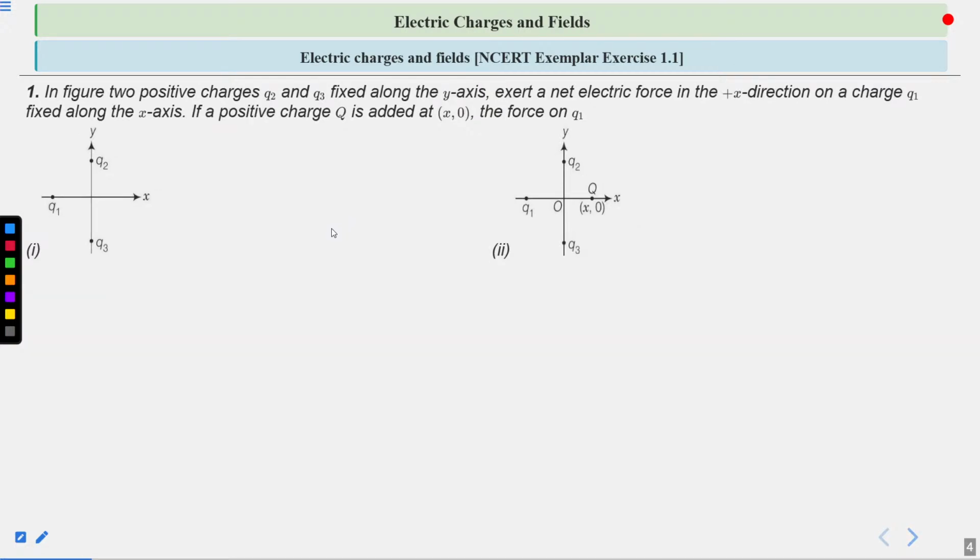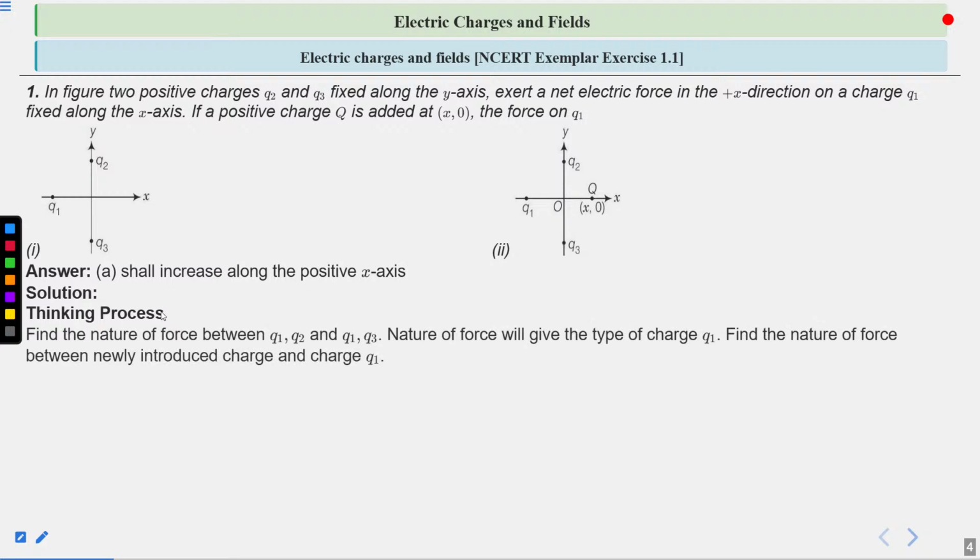So our correct answer is A, shall increase along the positive x-axis. Solution. The procedure to solve this type of question is, first you need to find out the nature of the force between Q1 and Q2, and Q1 and Q3.